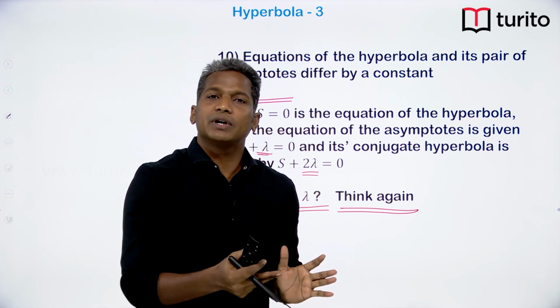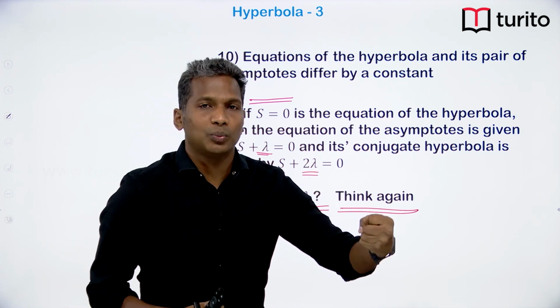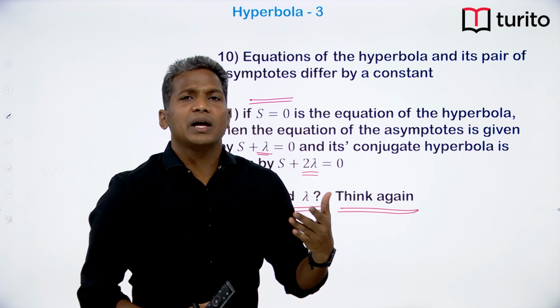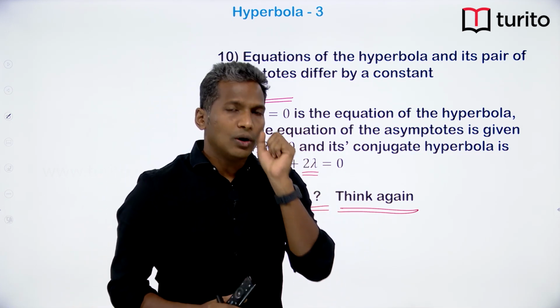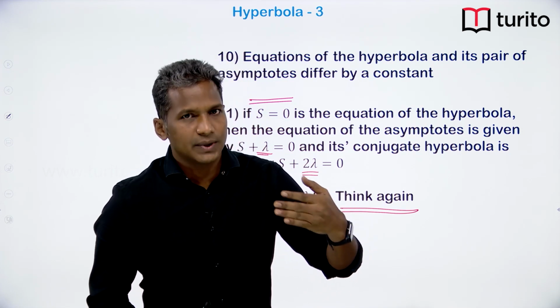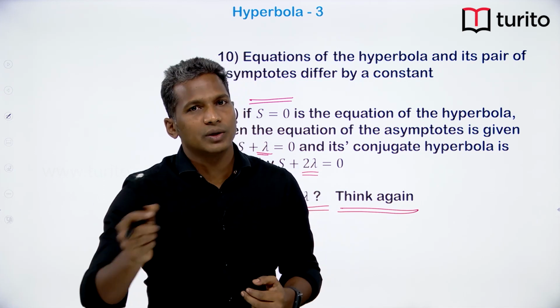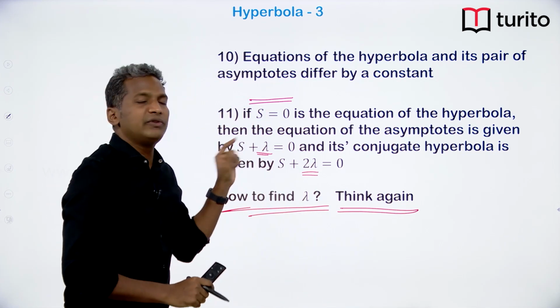You need one more data point. What is the data point? Either some information like the length of latus rectum is this much, or the focus is this point, or the vertex is this point, or the hyperbola is passing through a point. Based on that, we will have to derive lambda.